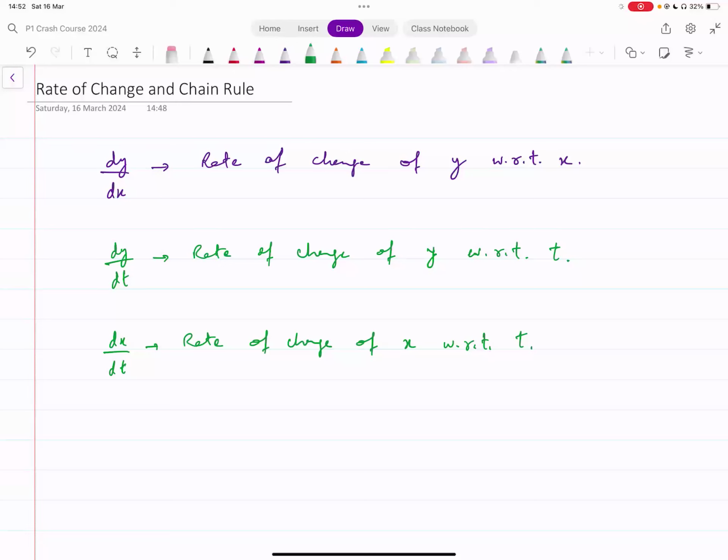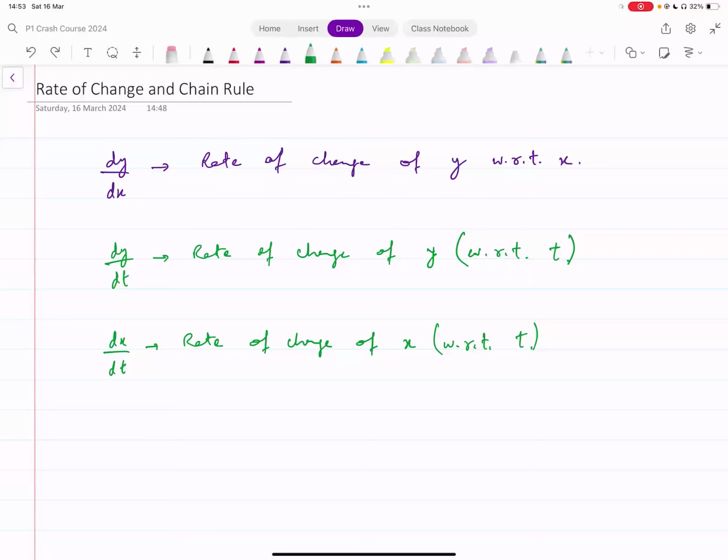So mostly when it just says rate of change of something and it doesn't specify which variable you're talking about, you assume it to be time. They won't always mention time here. If it just says rate of change of x, that means rate of change of x with respect to time. If it says rate of change of y, that means rate of change of y with respect to time. So if they don't specify any variable with respect to which you are finding the rate of change, the assumption is that that variable is time.